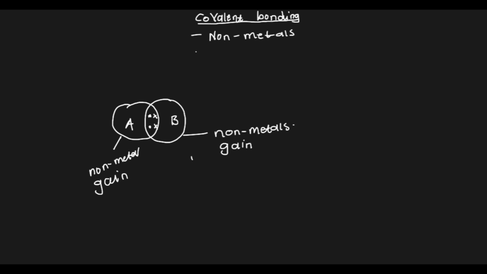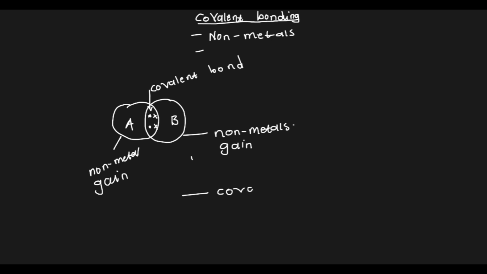Then, the attraction between atom A and atom B is what we call a covalent bond.